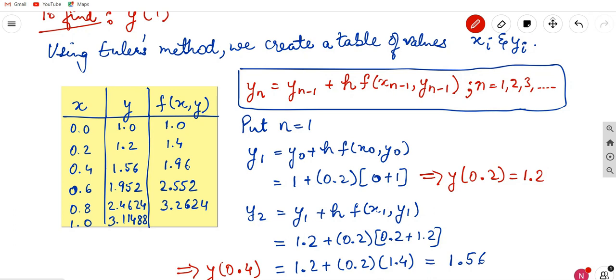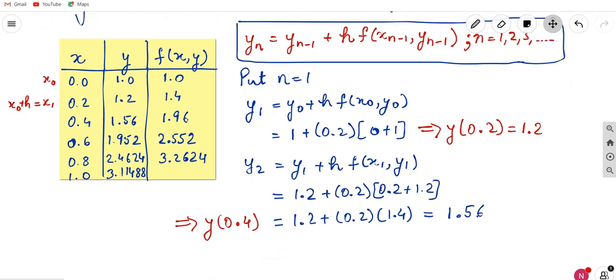So here you will see in this table, I have created the x values. This is x naught and the corresponding value of y naught. This is x1. What is x1? x1 is x naught plus h. So 0 plus 0.2 will give me 0.2. Now, how would we calculate y2? y2 would be y1 plus h times f of x1, y1.